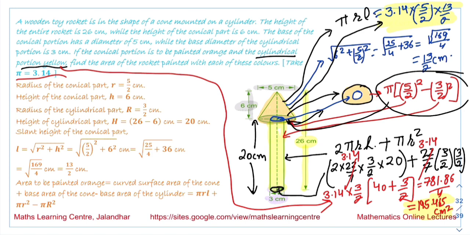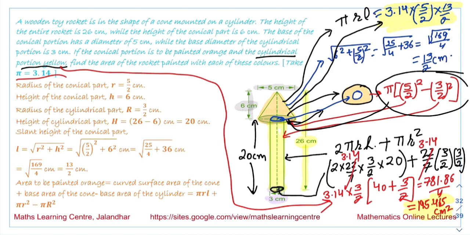When we add both these values, these calculations are shown on our next slide. The value we are getting is pi RL plus pi R square minus pi r square, where small r is the radius of the cylinder and capital R is the radius of the cone. When we substitute these values and multiply these terms, the final answer we get is 63.585 centimeter square.